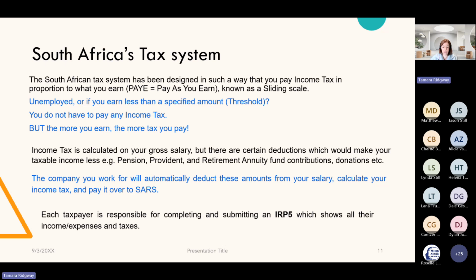The company you work for will automatically deduct these amounts from your salary, calculate your income tax, and pay it over to SARS. And then, as it was in the CAPS document, each taxpayer is responsible for completing and submitting an IRP5, which shows all their income, expenses, taxes, everything like that.